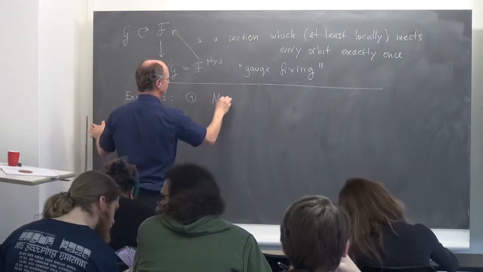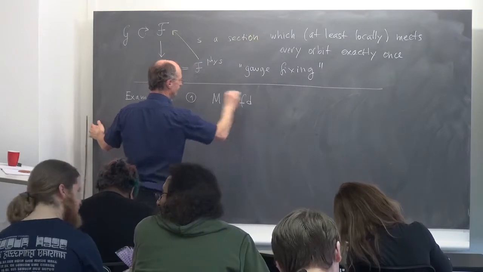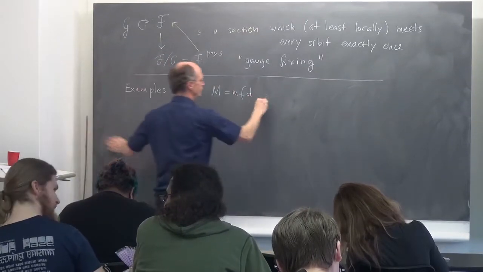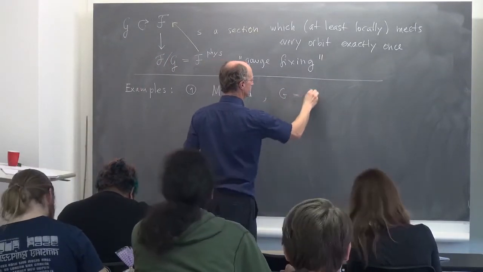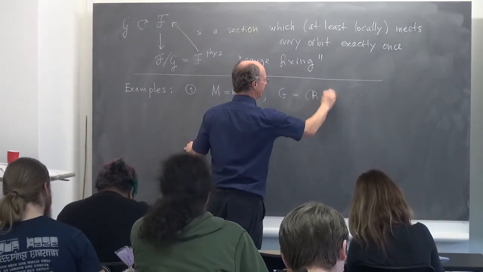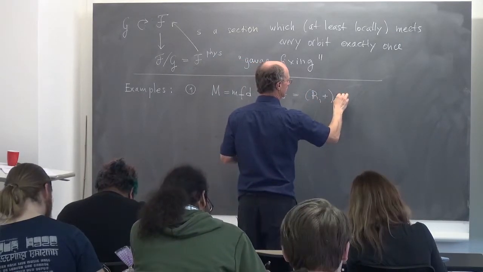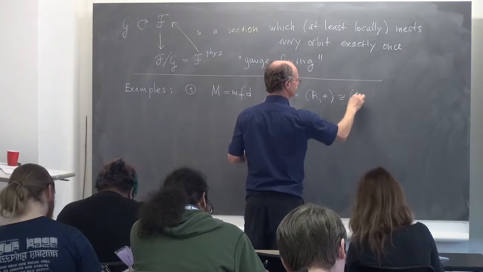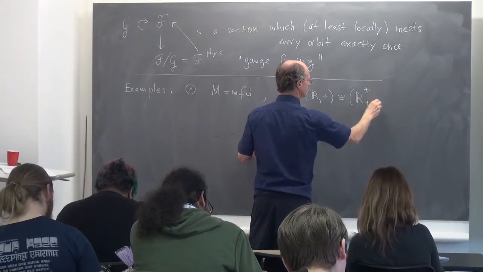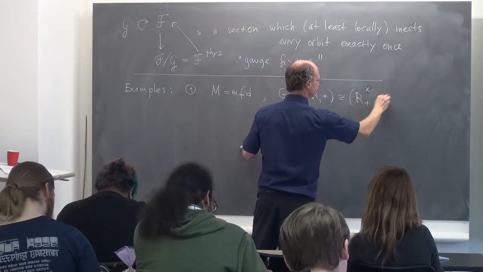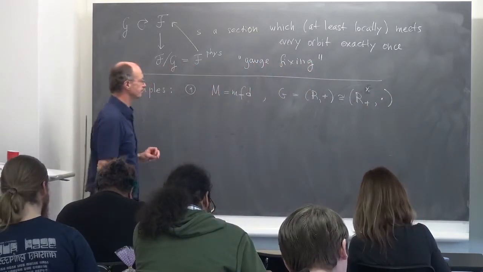The first example, M is an arbitrary manifold. I take G, the additive group R, or, which is the same, positive real numbers with a product.